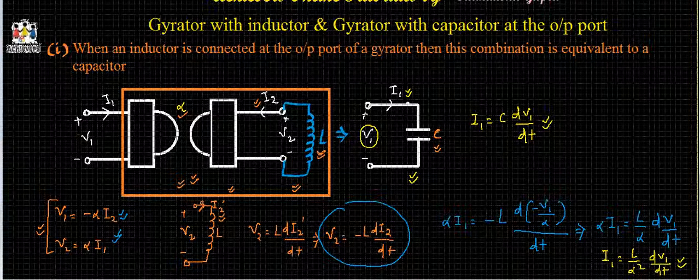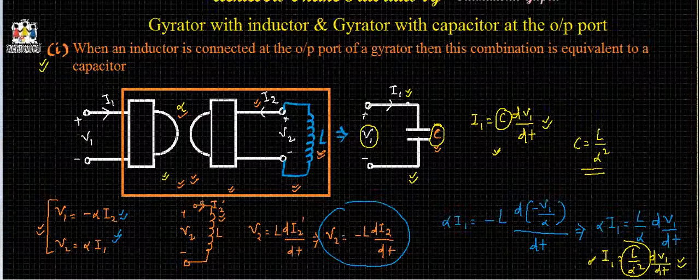So we can say that this circuit is equivalent to a capacitor and the value of capacitance is equal to L upon alpha square. C is equal to L upon alpha square.